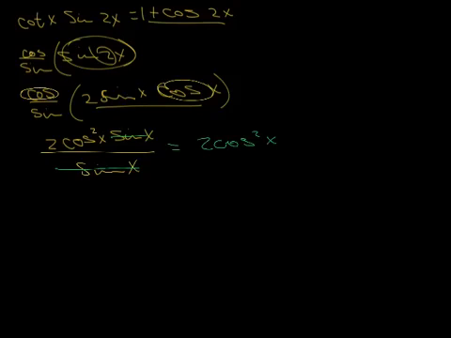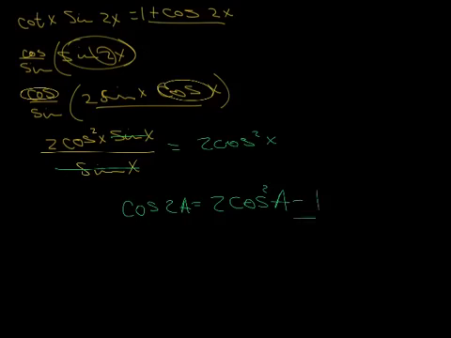Now, if I look back on some of my other identities, from page number 213, I know 2 cosine squared of x, I don't have one of those, but I do have cosine of 2a equals 2 cosine squared a minus 1.